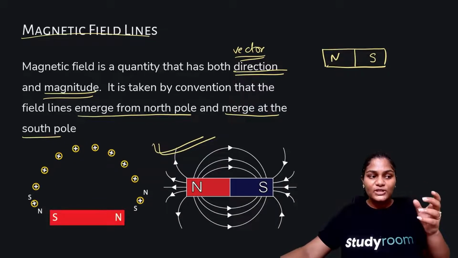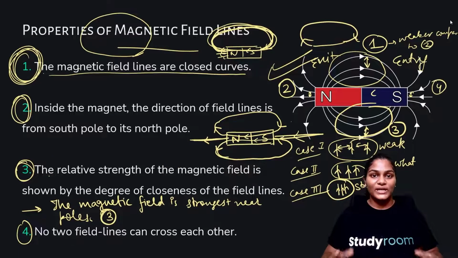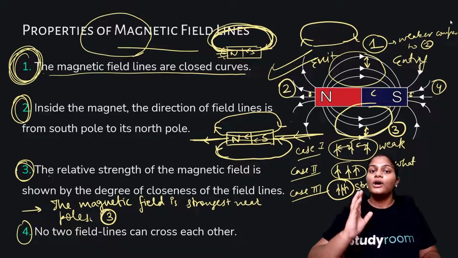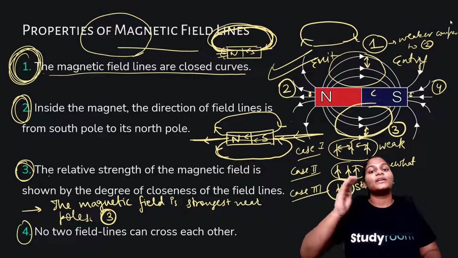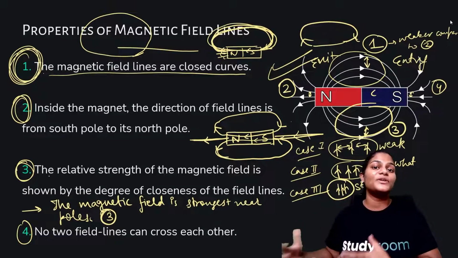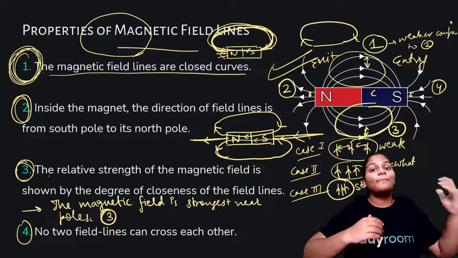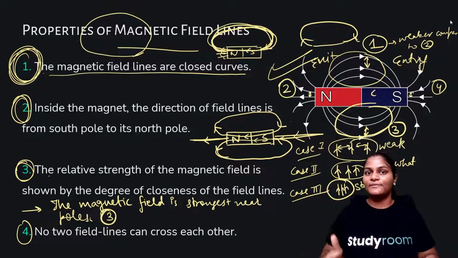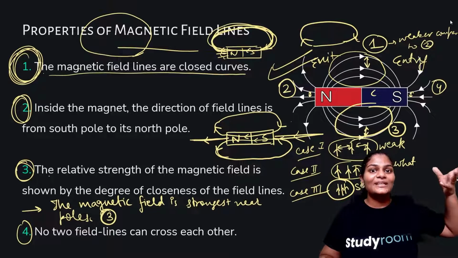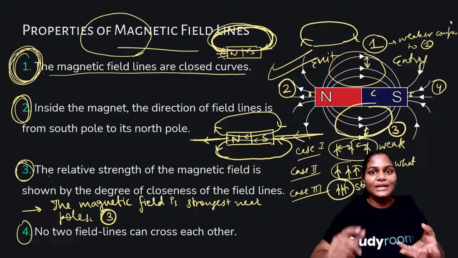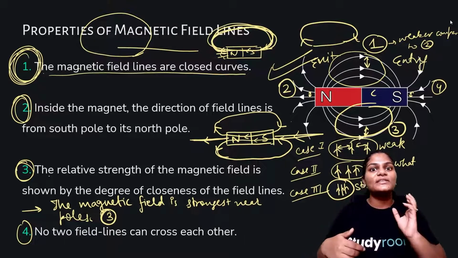So by convention, we say, okay, so now that you know about magnetic field lines and their properties, we can get to the actual thing that we need to study in this chapter, that is the magnetic field due to a current carrying wire. Now you remember when I told you how Hans Christian Oersted discovered that when you keep a compass needle near a current carrying wire, it gets deflected.